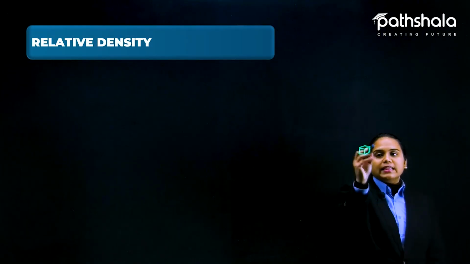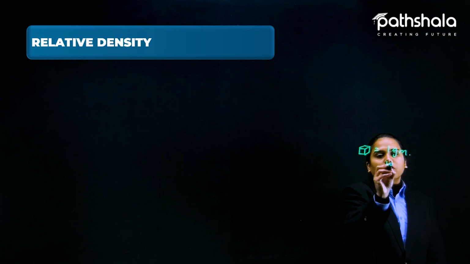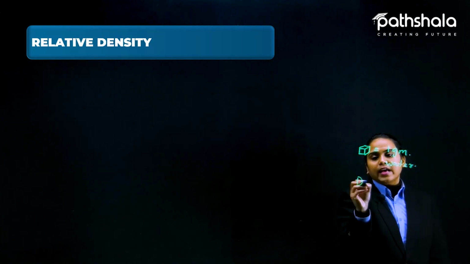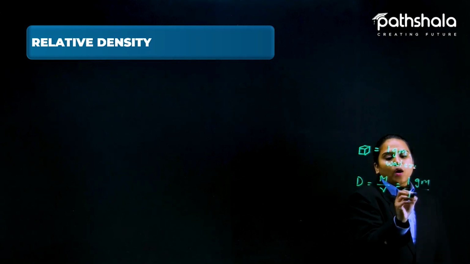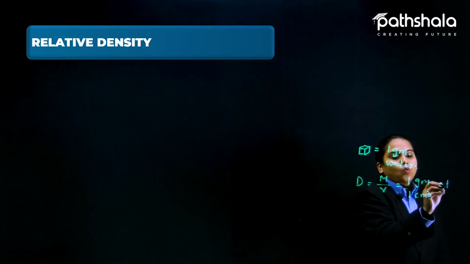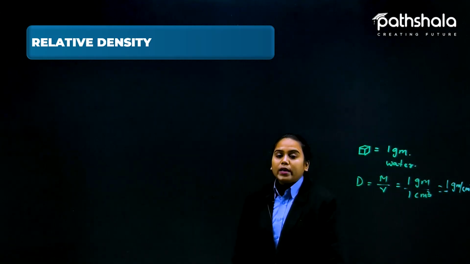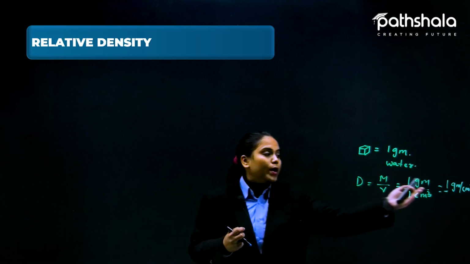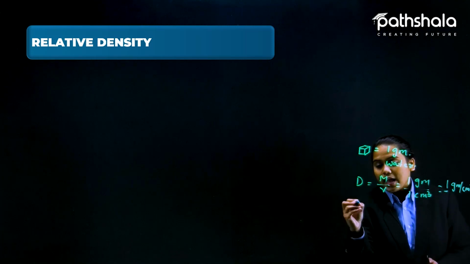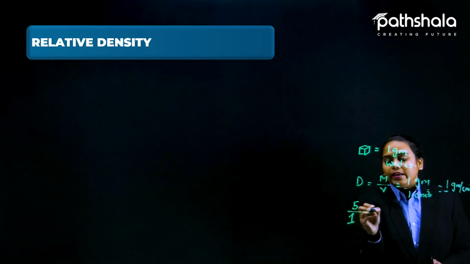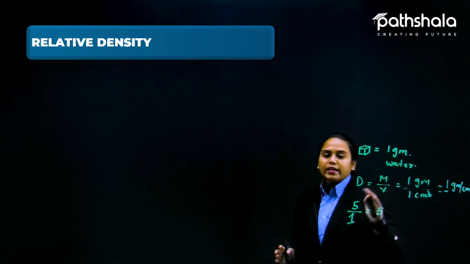As you know, in this volume cube we had 1 gram of water, and the density is mass upon volume, so 1 gram divided by 1 centimeter cube gives you 1 gram per centimeter cube, that is value 1. So we can relate any object with this value 1, because in mathematics any number divided by 1 always gives the same number. Like 5 divided by 1, you will get 5 again.